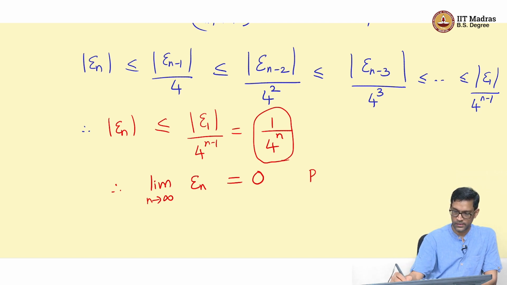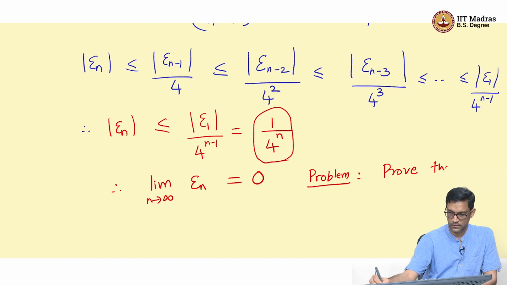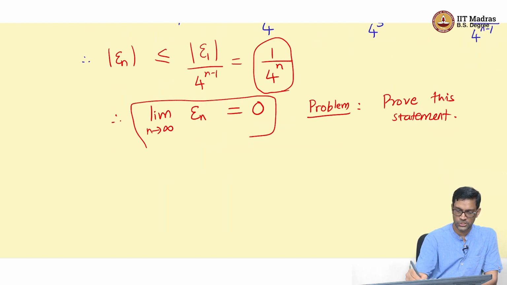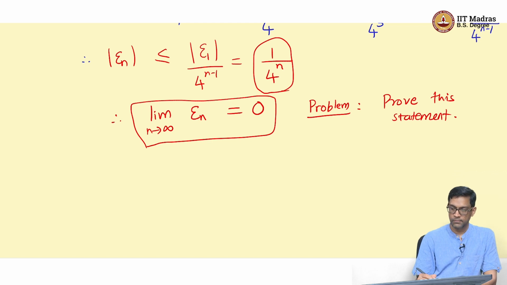So here's again a little exercise problem. Prove this statement. Now, for example, you can use the squeeze theorem to do this, but once you have done that, we are sort of done.